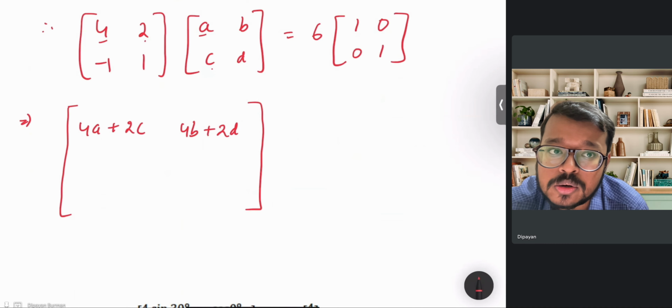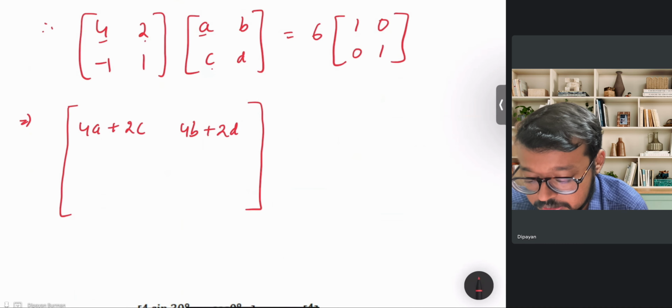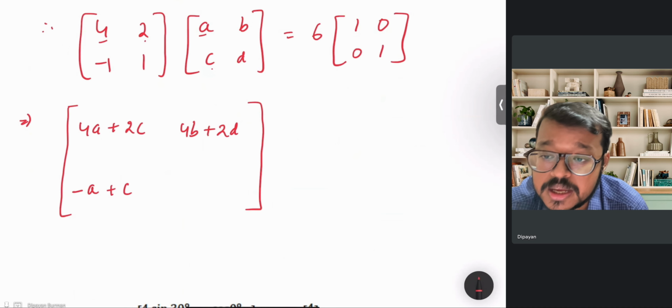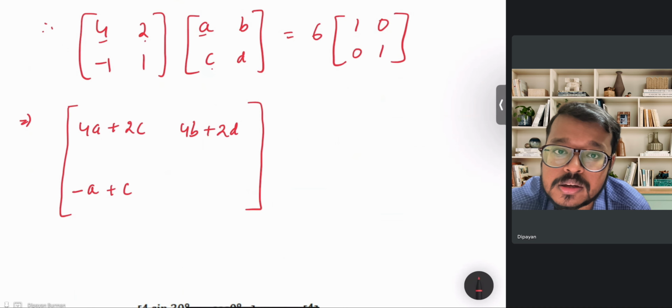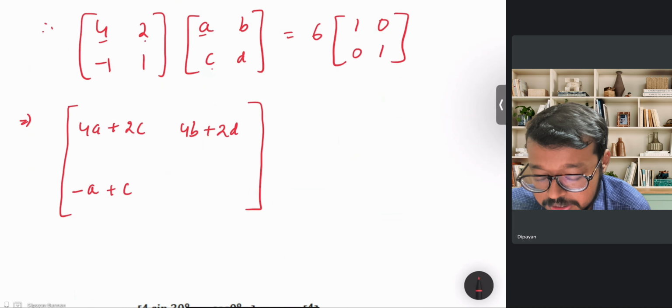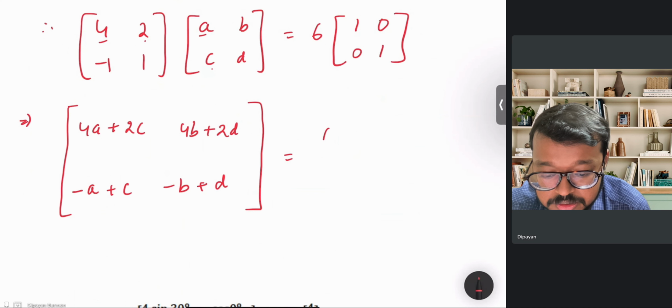Then the second row first column will be minus 1 into A, which is minus A, plus 1 into C, which is plus C, and the second row second column element will be minus 1 into B, which is minus B, plus 1 into D, that is D, and this is equal to 6, 0, 0, 6.